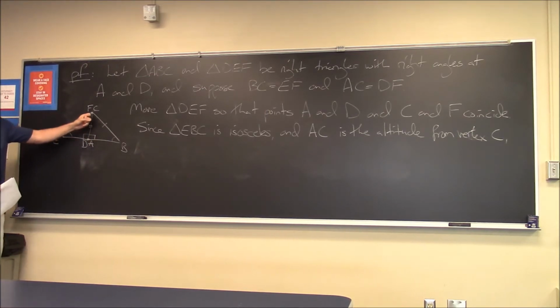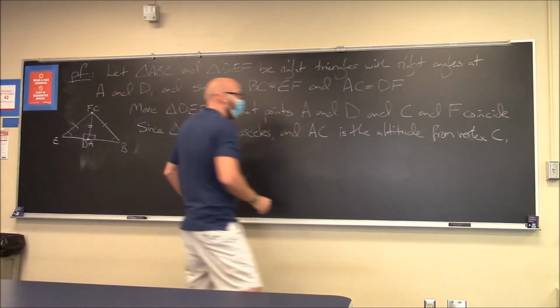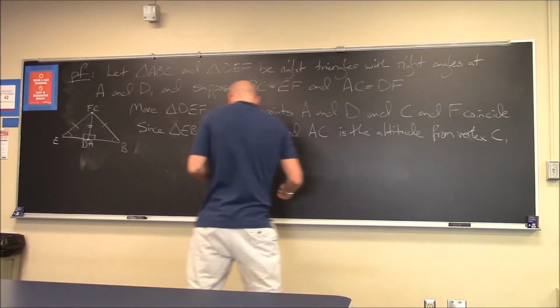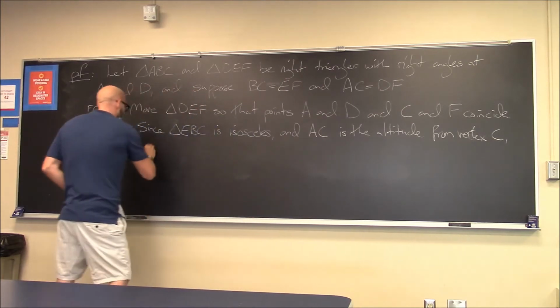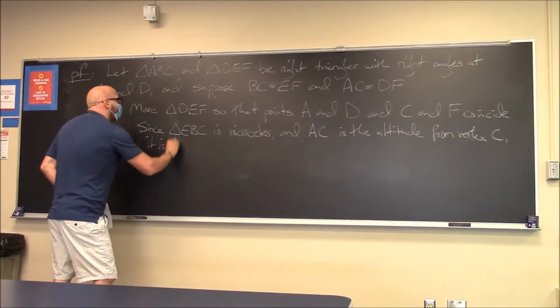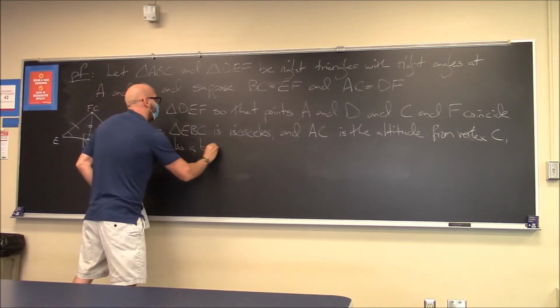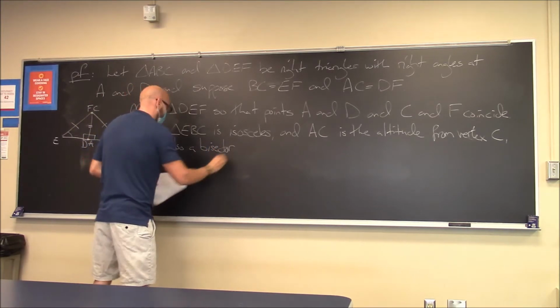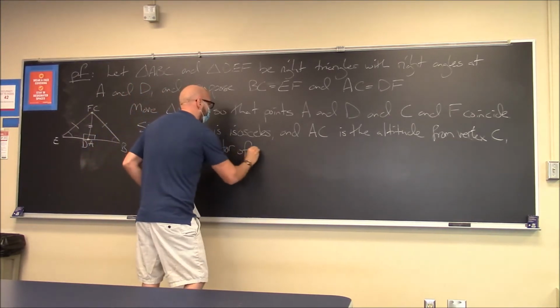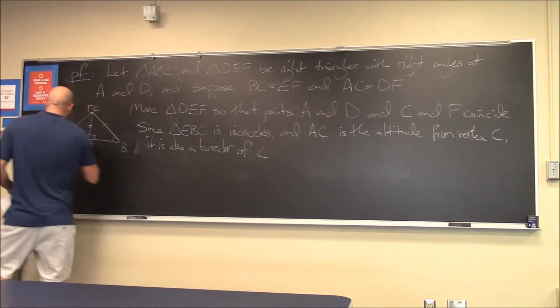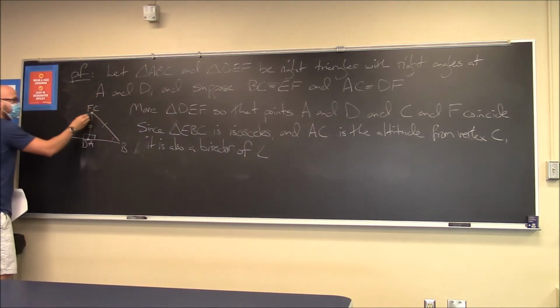And we showed last time that for isosceles triangles, altitudes are also bisectors, right? So this altitude bisects this angle C. It is the altitude from vertex C. It is also a bisector of this angle ECB.